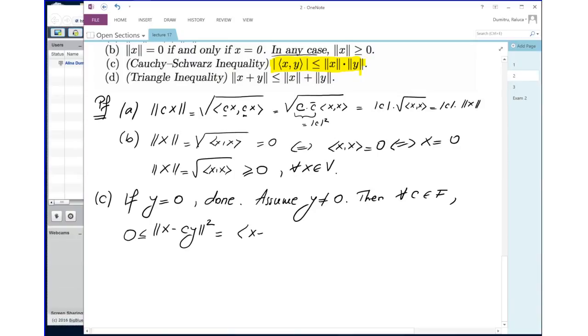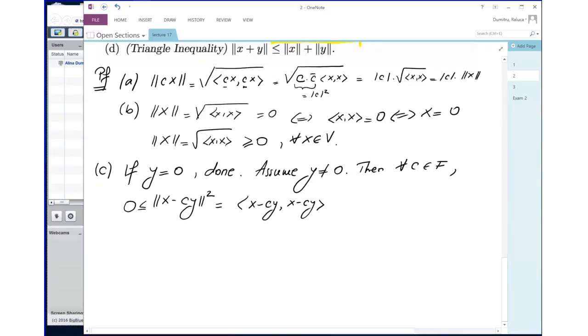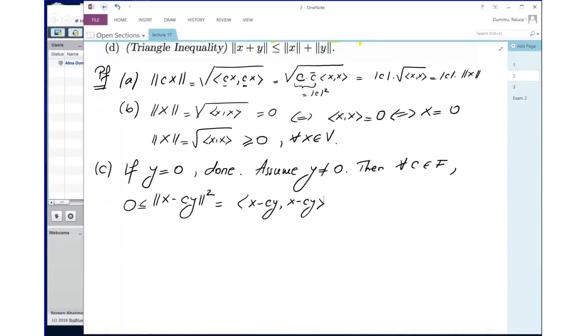The norm of x minus cy squared is the inner product between x minus cy and itself. Remember, c is anything, at the end is going to be replaced by a very specific thing, which will turn everything that we get into Cauchy-Schwarz. Right? So it's kind of blindly going there, but in the end it will give you what you need. Okay, so now you have the inner product between x minus cy and itself.